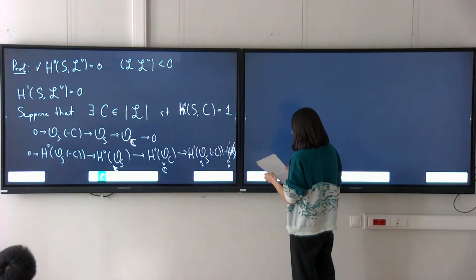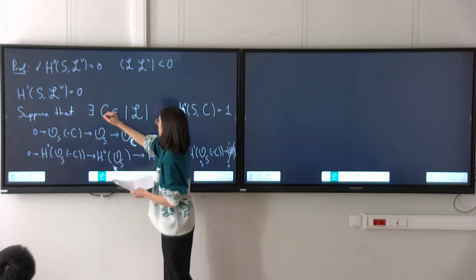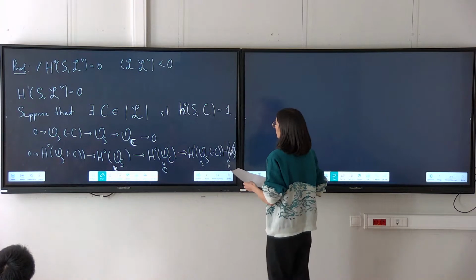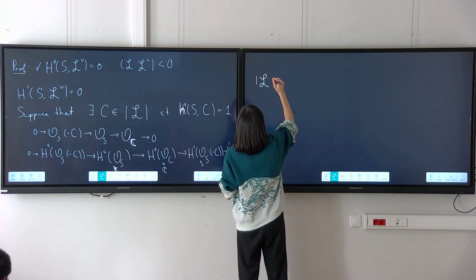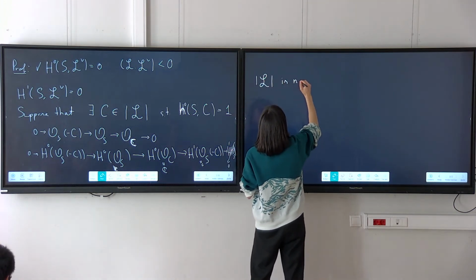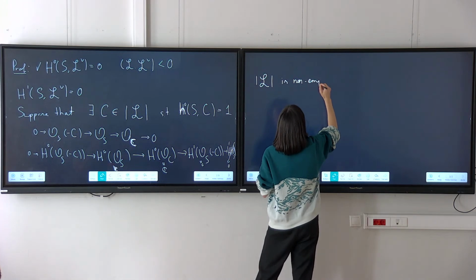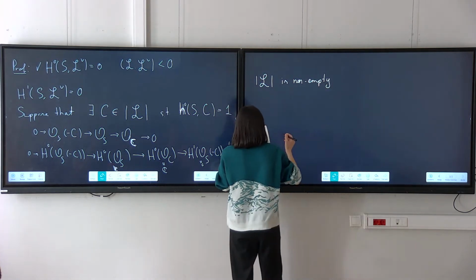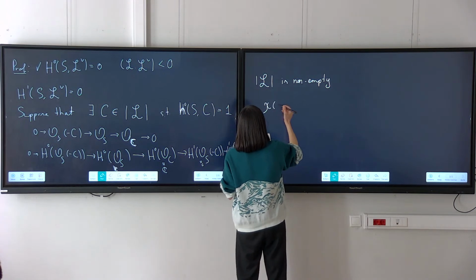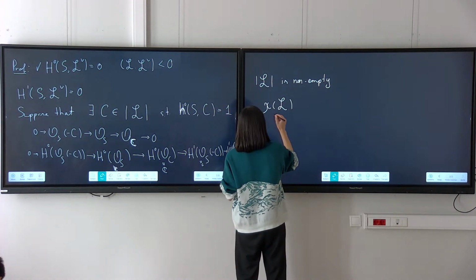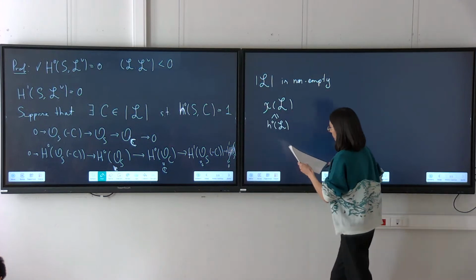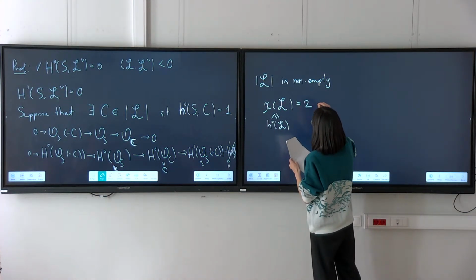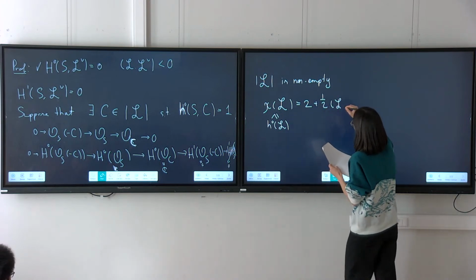What we need to prove is the existence of such a divisor in this linear system. So first, we see that L is non-empty, just because from the Riemann-Roch theorem, its Euler characteristic is less or equal to h^0(L) plus h^2(L), where h^2 vanishes for an ample line bundle, and this is 1/2.